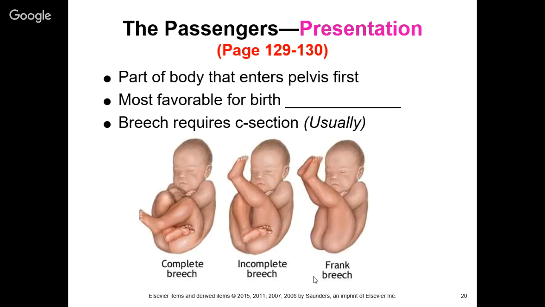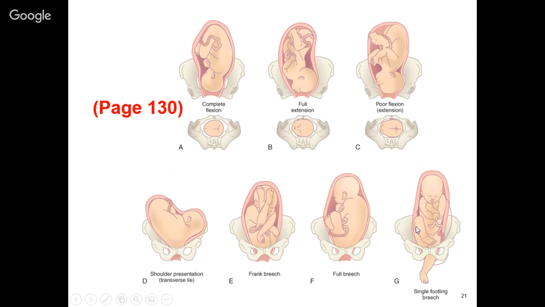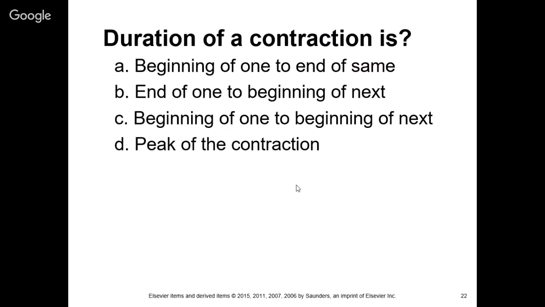There's a complete breech, an incomplete breech, and a frank breech, which is total buttocks. These are some different breech positions, and you do not need to know these positions. You need to know which is the ideal position for the infant, which is a flexion position.